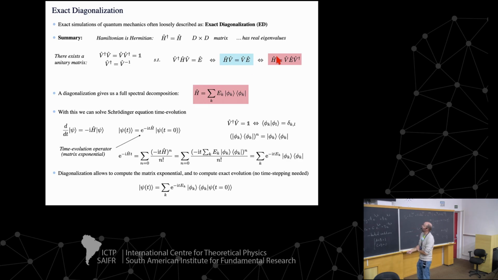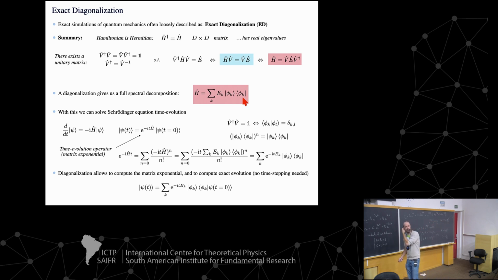Then I see that this last form of the equation is just the spectral decomposition, which means that my matrix V gives me a way of writing the Hamiltonian in the diagonal basis of the eigenstates. Right, means I can write this as a sum over k, e_k, and then the projection on these eigenstates.